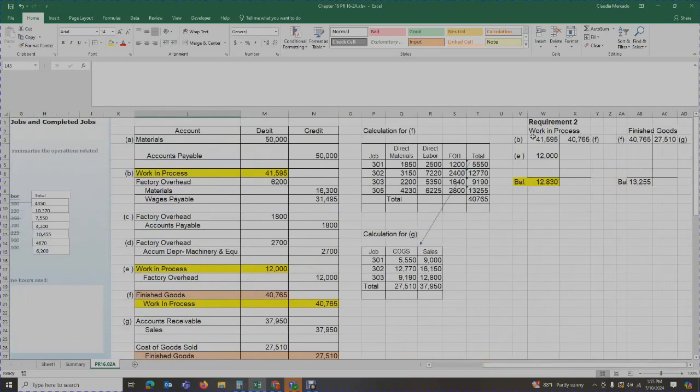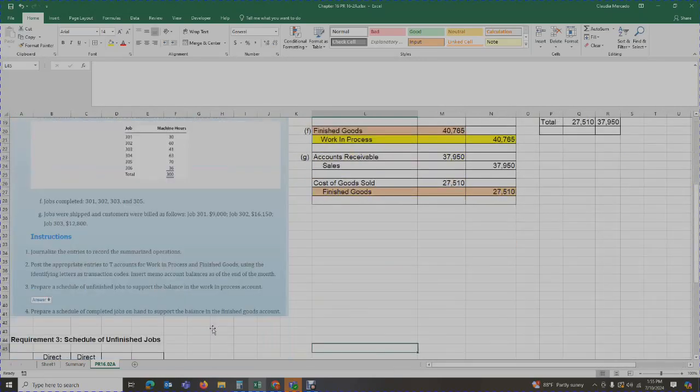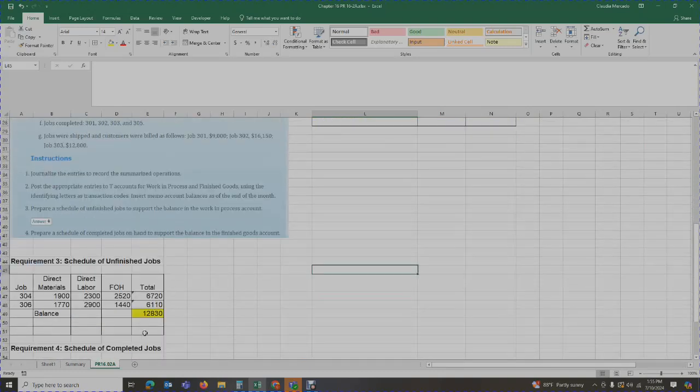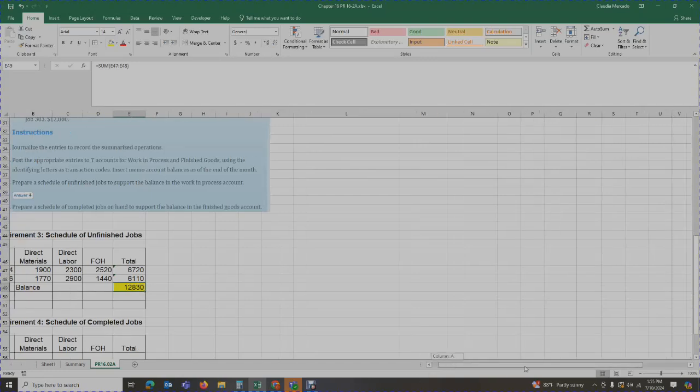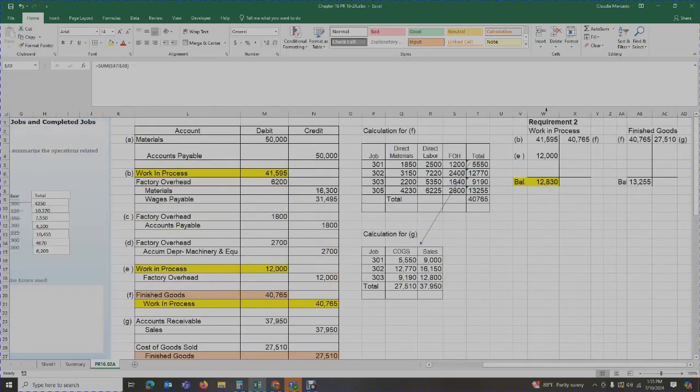So your working process amount of $12,830 should tie to your schedule, and this is the detail of what makes up your $12,830. Job 304 and 306 is what is pending, is what is still in my working process. Okay, we have not completed these jobs, so that is what's still pending. So that number should tie to your T account for working process. Okay, very good.